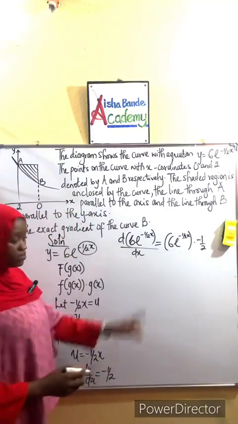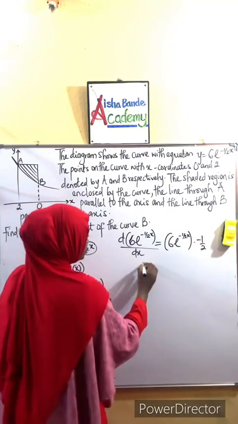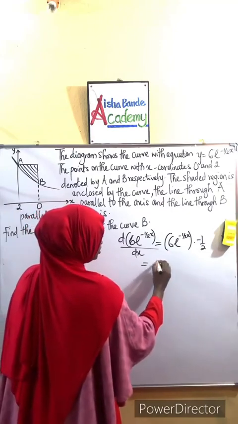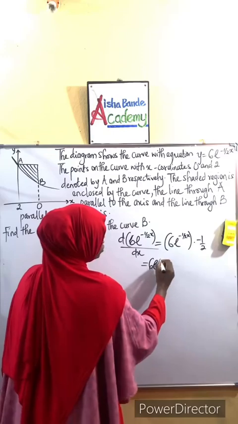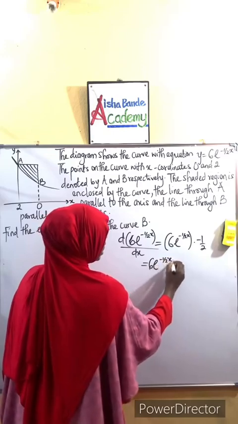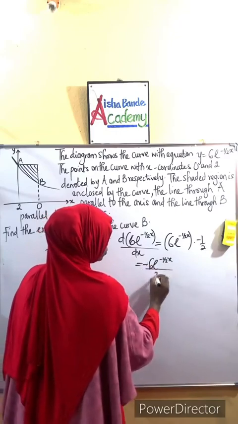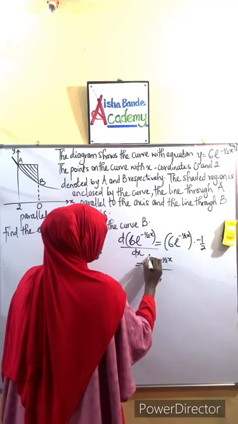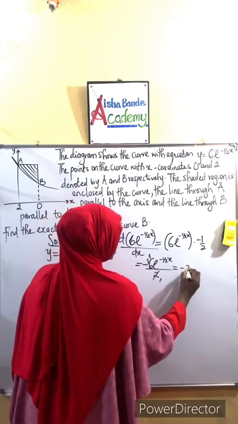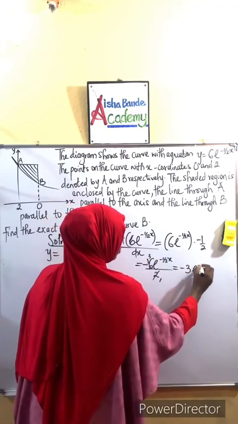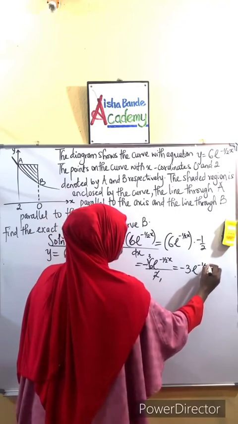Simplifying this, we have 6e raised to the power of minus 1 over 2x, with a minus here, then all over 2. So 6 over 2 is 3, and we have minus 3e raised to the power of minus 1 over 2x.